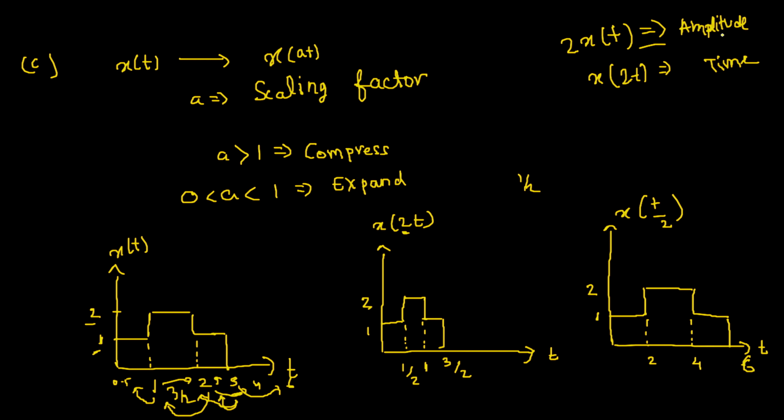In case of amplitude scaling, our time remains fixed. What changes is the amplitude that we are getting at that particular time. So in both the cases, the shape of the graph remains the same. In amplitude scaling, the height increases and decreases, and in time scaling, the graph compresses and expands.